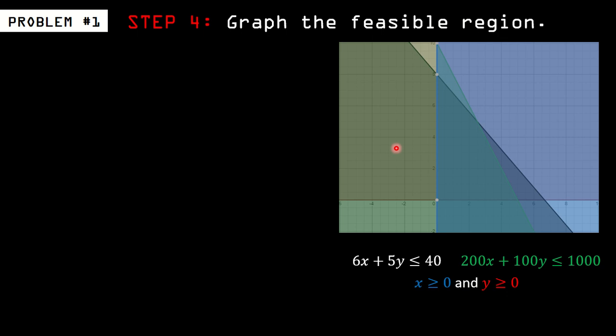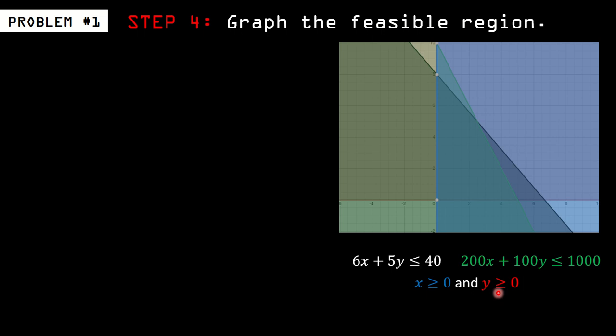The black portion here indicates the constraint 6x plus 5y less than or equal to 40. And then the green one is 200x plus 100y less than or equal to 1000. And the blue part is x greater than or equal to 0. And for the red, that is y greater than or equal to 0.